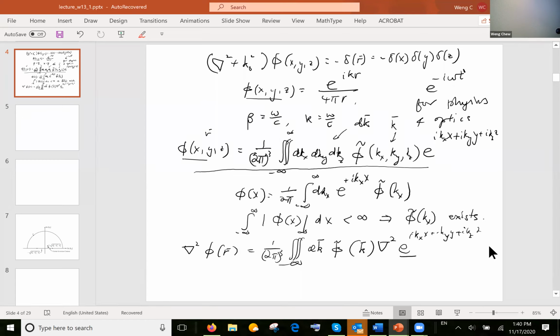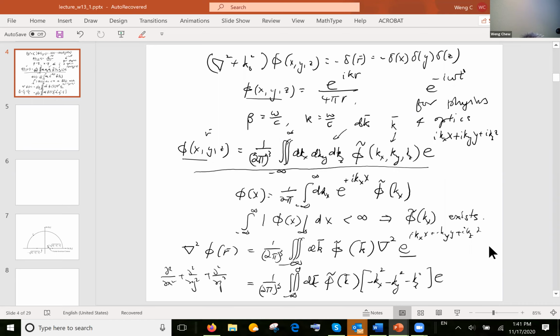Then this simplifies to dk bar, phi tilde of k bar, and then the Laplacian, because it's partial squared partial x squared plus partial squared partial y squared plus partial squared partial z squared, will become minus kx squared, because when you differentiate partial x squared two times, it brings down an i kx two times, and then minus ky squared minus kz squared, times e to the i k dot r.